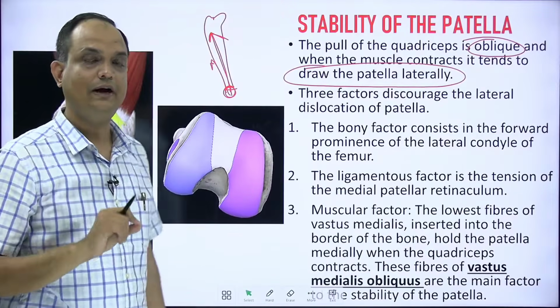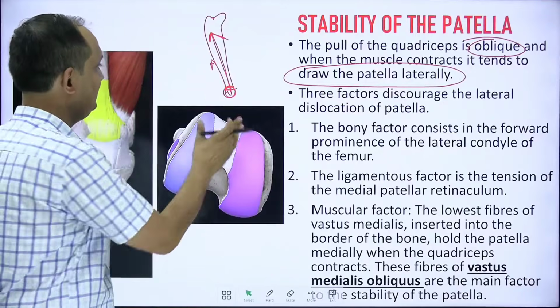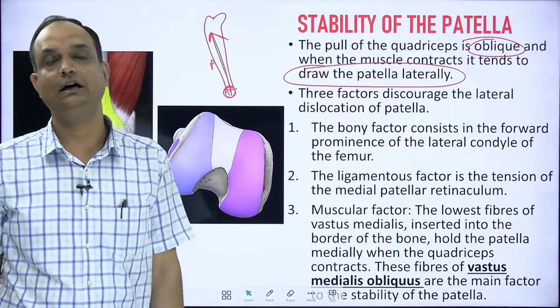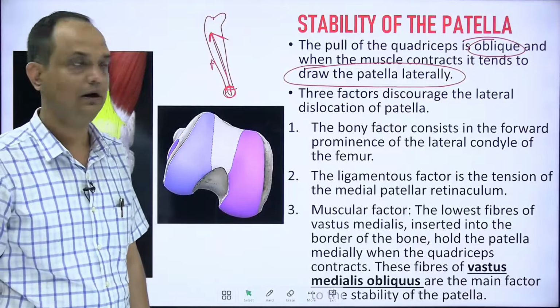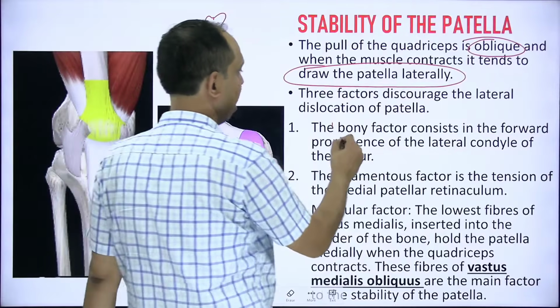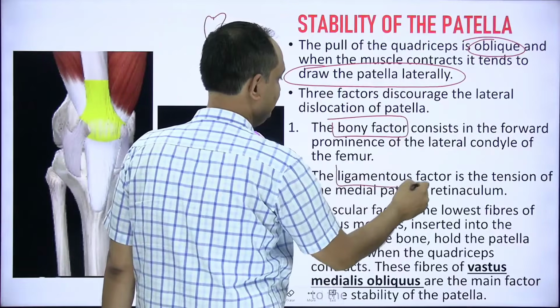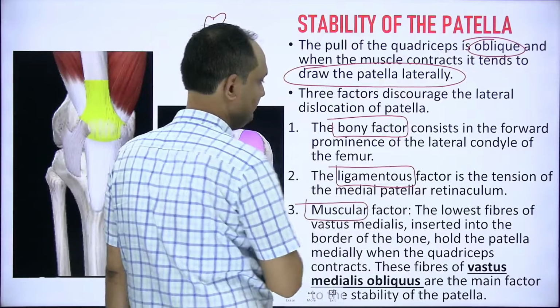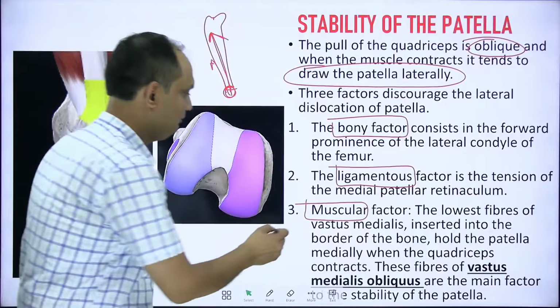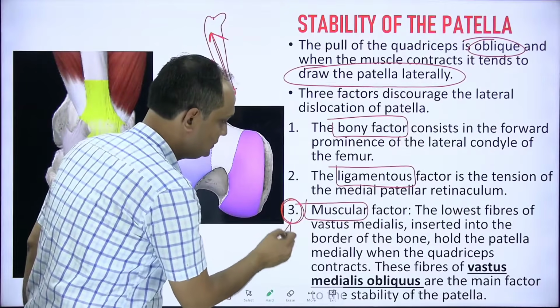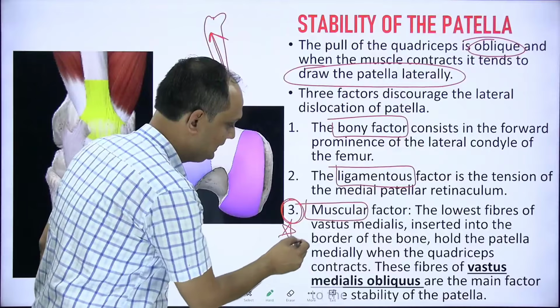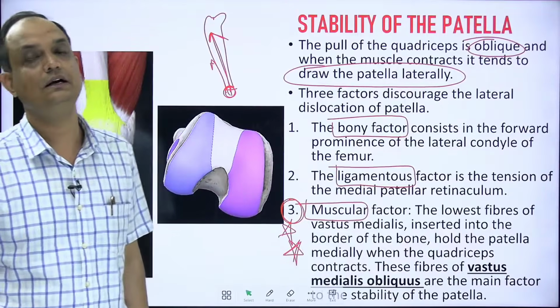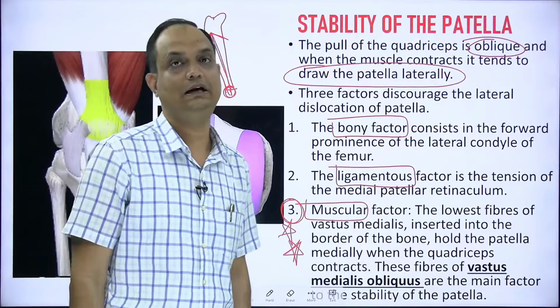But there are three factors which prevent this lateral displacement of the patella on the anterior surface of your femur. What are these factors? One is the bony factor, second is the ligamentous factor, and third is the muscular factor. Out of these three, the muscular factor is the most important single factor which prevents lateral displacement of the patella.